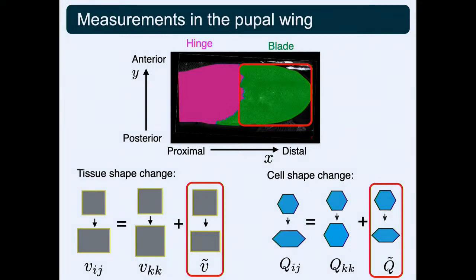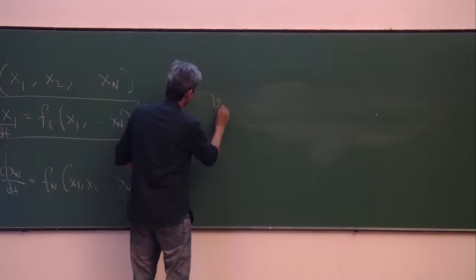Is this clear, or should I explain it on the board? I can show you with a simple example. The board is very nice. So think of a two-dimensional velocity gradient tensor.